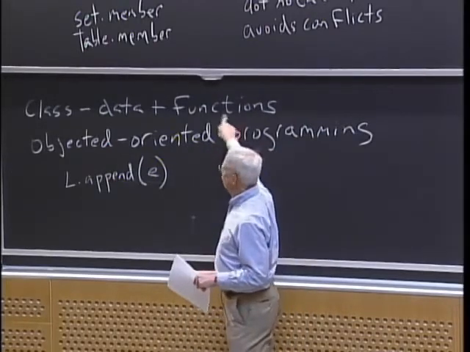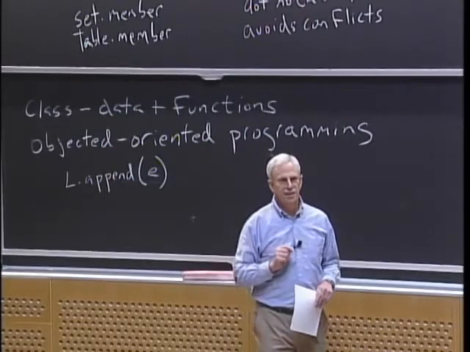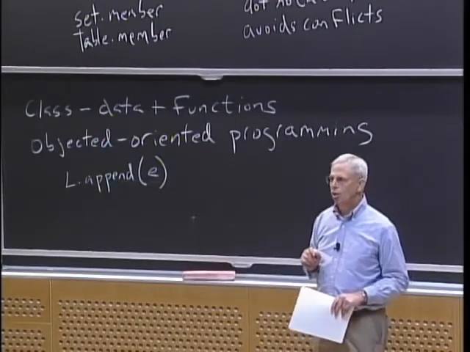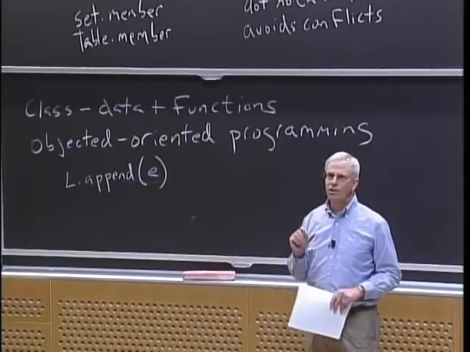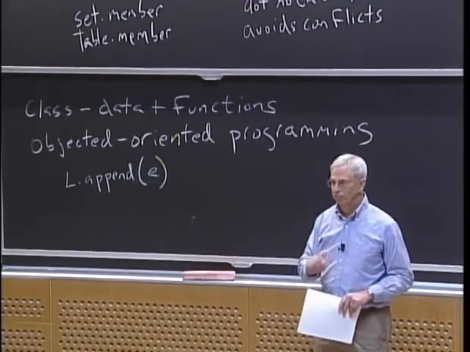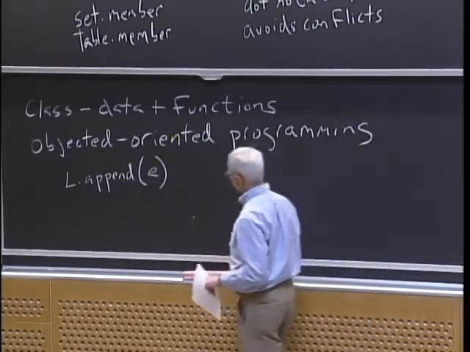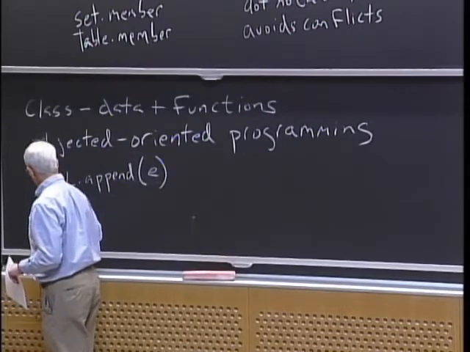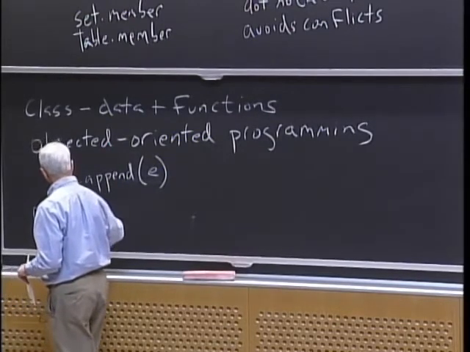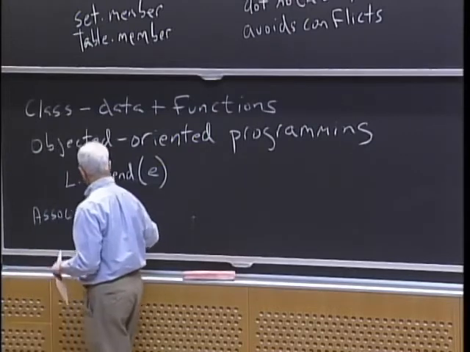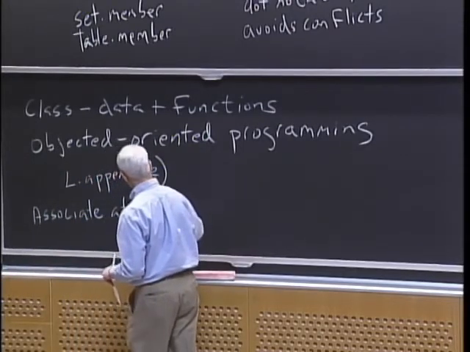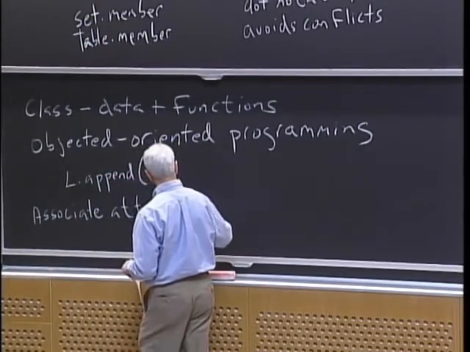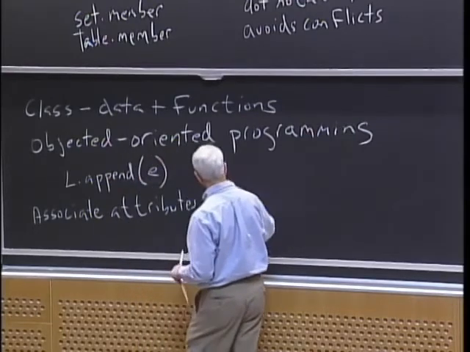The data and functions associated with an object are called that object's attributes. So you can think of this as a way to associate attributes with objects.